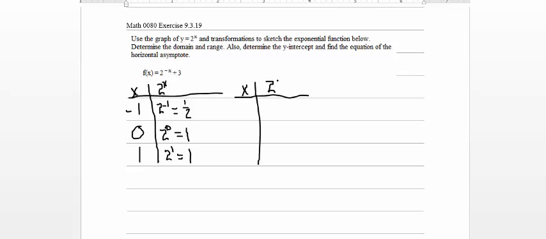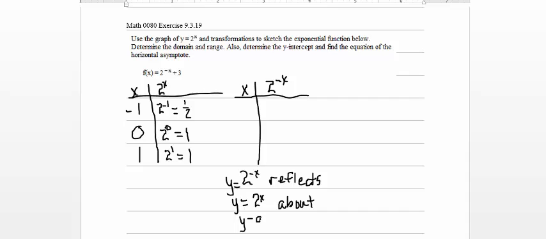Now I want to look at graphing y equals 2 to the negative x. And I want to point out that y equals 2 to the negative x reflects y equals 2 to the x about the y-axis.